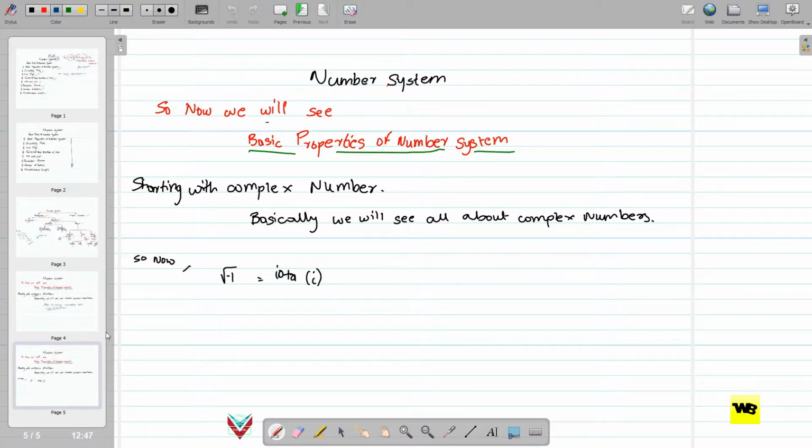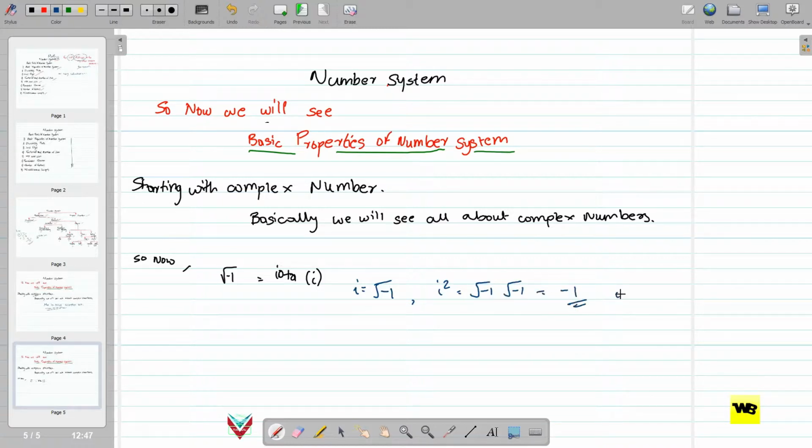Starting with the complex number, root -1 is known as iota or i. So i equals root of -1, and i square will be root -1 whole square, which is -1.